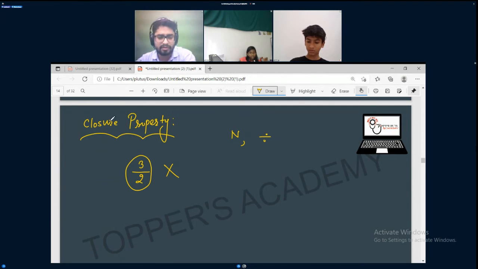It means if you divide two natural numbers, the answer is a natural number or not. If the answer is always a natural number, natural numbers are closed. If we have some example where we divide two natural numbers and the result is not a natural number, then natural numbers are not closed with respect to division.